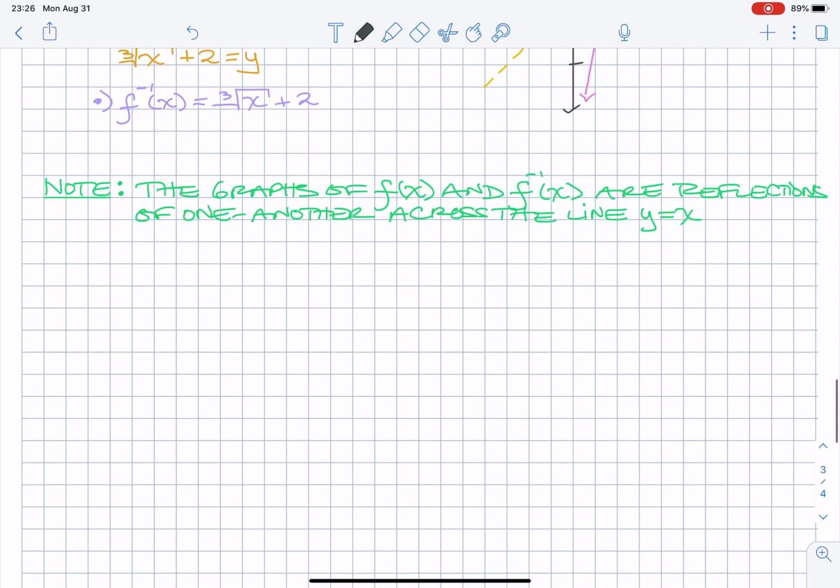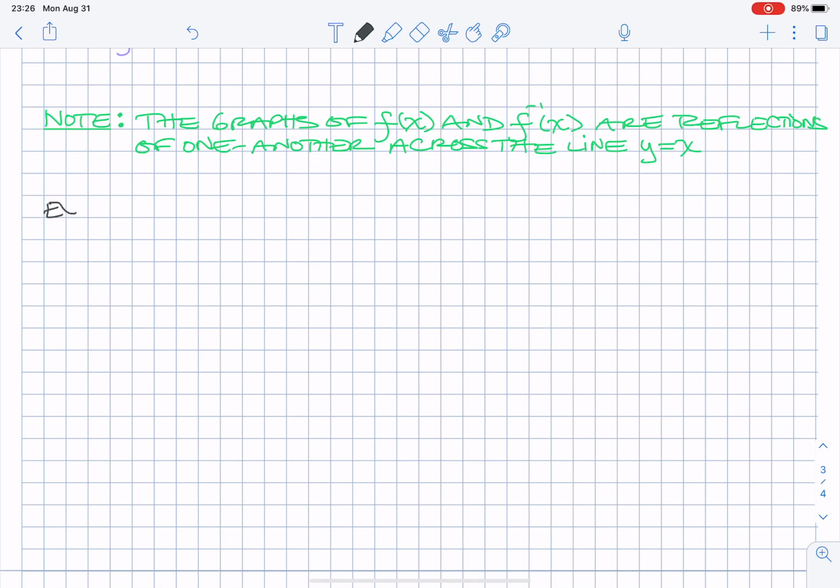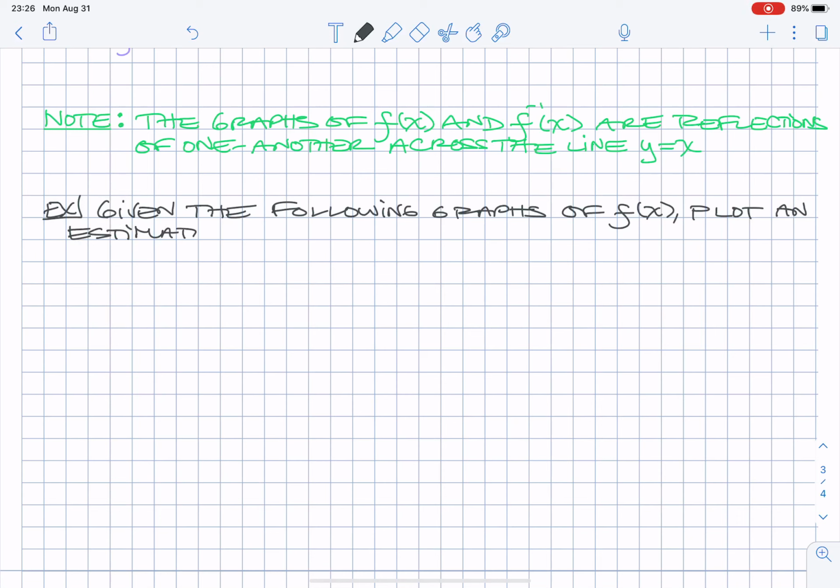Okay, so for example, if I were to just give you graphs, then without functions, so given the following graphs of f of x, plot an estimate to the graph of f inverse of x.